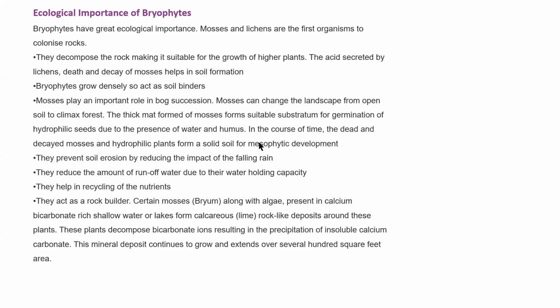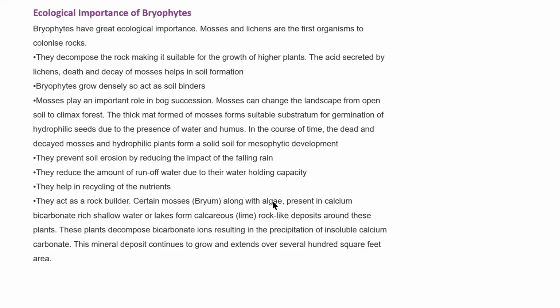In the course of time the dead and decayed mosses form a solid soil for mesophytic development. So ஒரு aquatic ecosystemல இருந்து கொஞ்சம் கொஞ்சமா அந்த பகுதி terrestrial ecosystem ஆக மாறிவிடும் because of the bryophytes. That's why bryophytes are called amphibians, because they can change an aquatic ecosystem into a terrestrial ecosystem, and they prevent soil erosion by reducing the impact of falling rain.